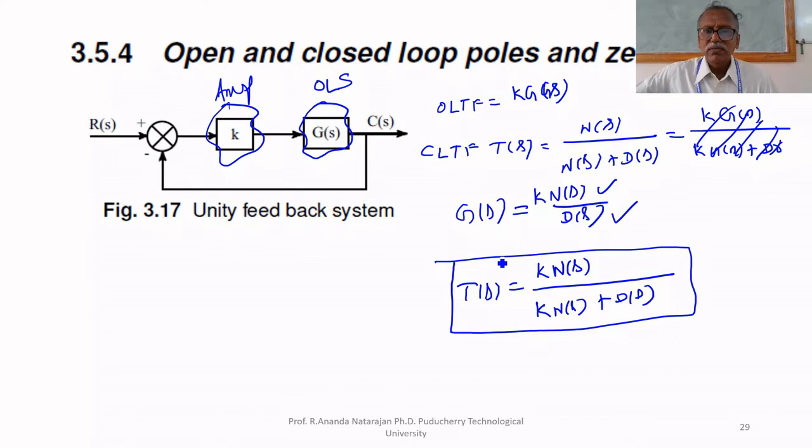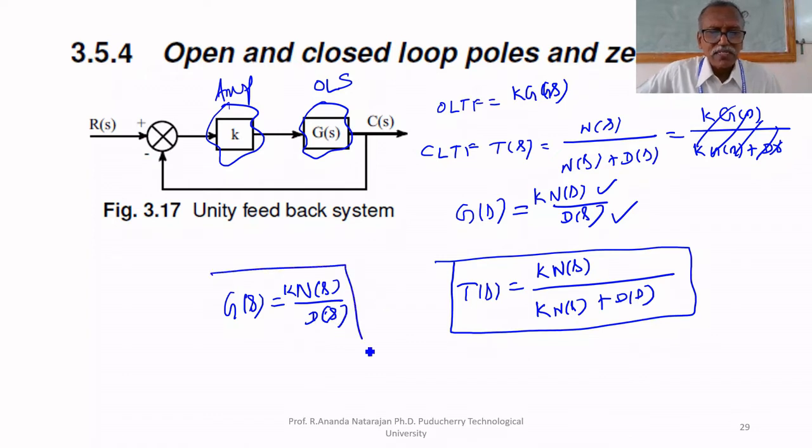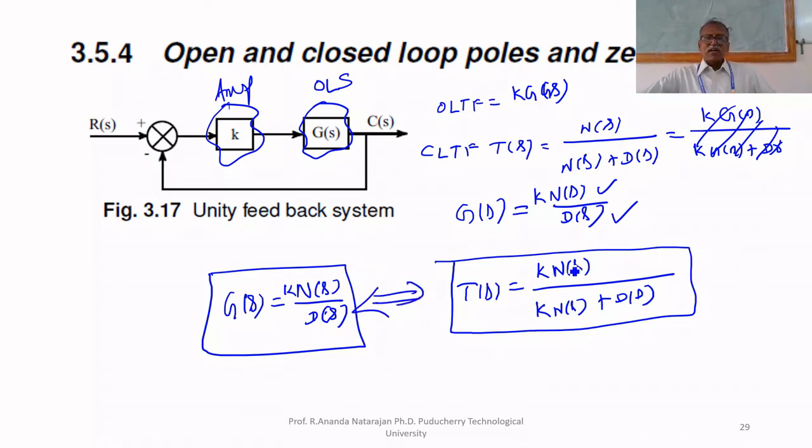Now, what is the difference between open loop transfer function and closed loop transfer function? Open loop transfer function is k n of s upon d of s. Closed loop transfer function is k n of s upon k n of s plus d of s. If you compare both the open loop system and the closed loop system, there is no difference in the numerator polynomial, but the denominator polynomial is modified.